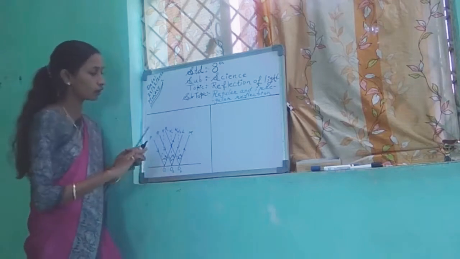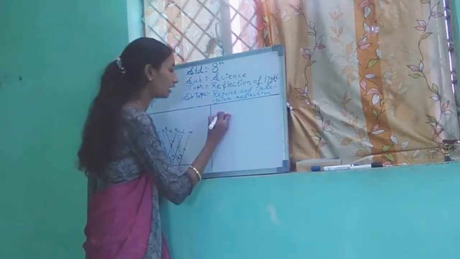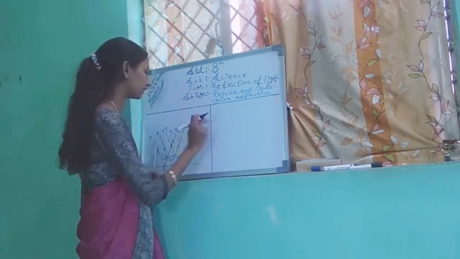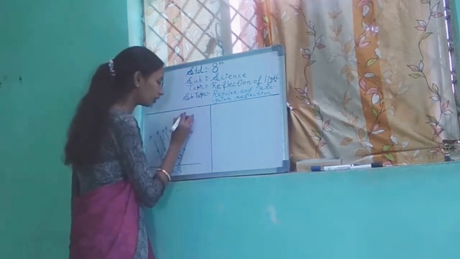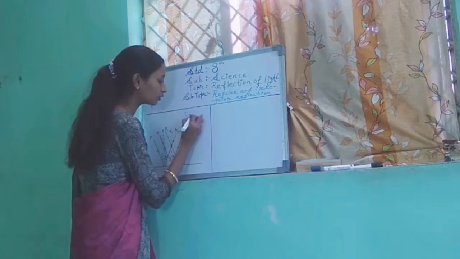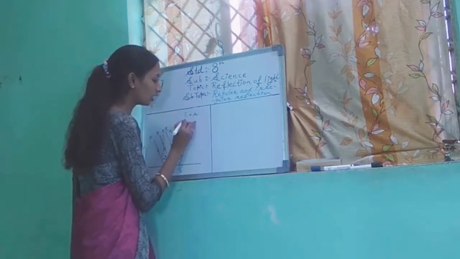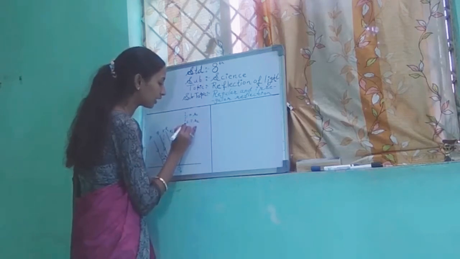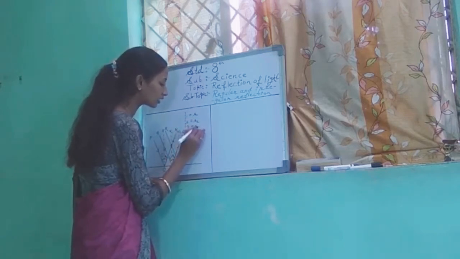Here I am writing: I1 will be equal to R1, I2 will be equal to R2, and I3 will be equal to R3.